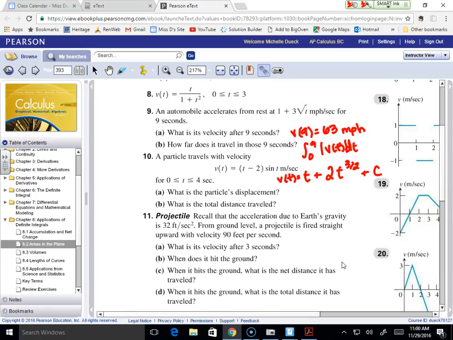So then we could go ahead and solve for our C by just plugging in 9 and 63. 9 to the 3/2, we could say 9 to the 1/2 cubed, which would be 3 cubed, 27. 27 and 2 is 54, 54 and 9 is 63. Does C equal 0? Double check me, you guys, plug in the clue, but I think C equals 0.